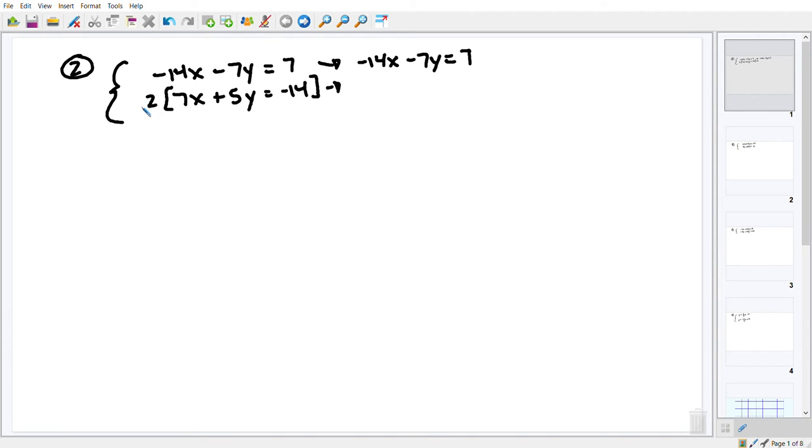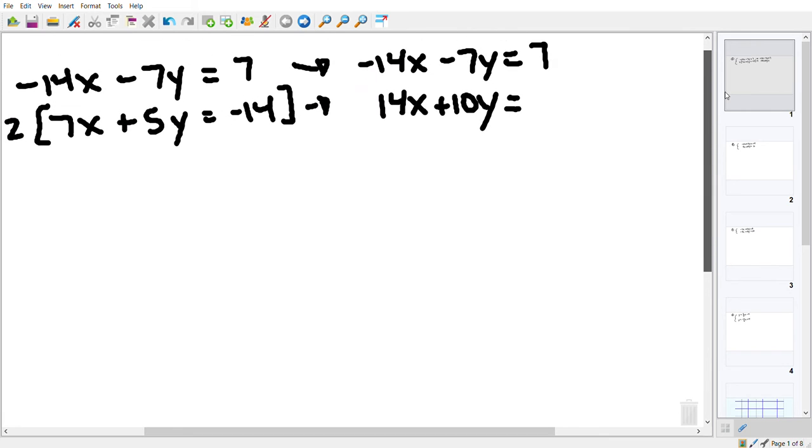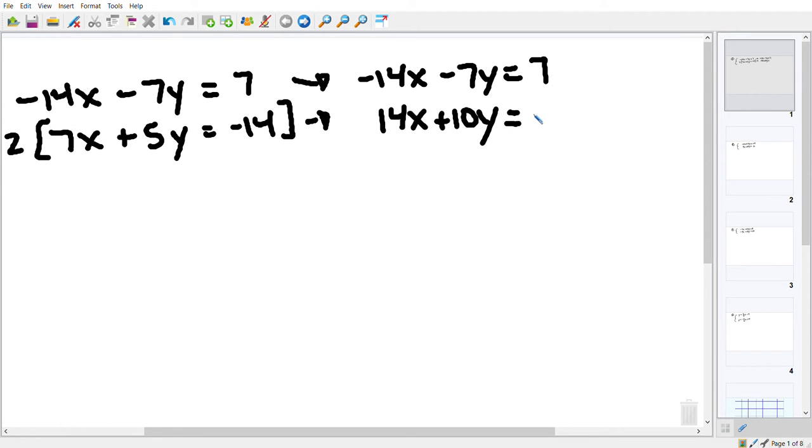Because when I do my distributive property, 2 multiplied by 7x is positive 14x. 2 multiplied by positive 5y is positive 10y. And that's going to be equal to, what do we got? Negative 28.